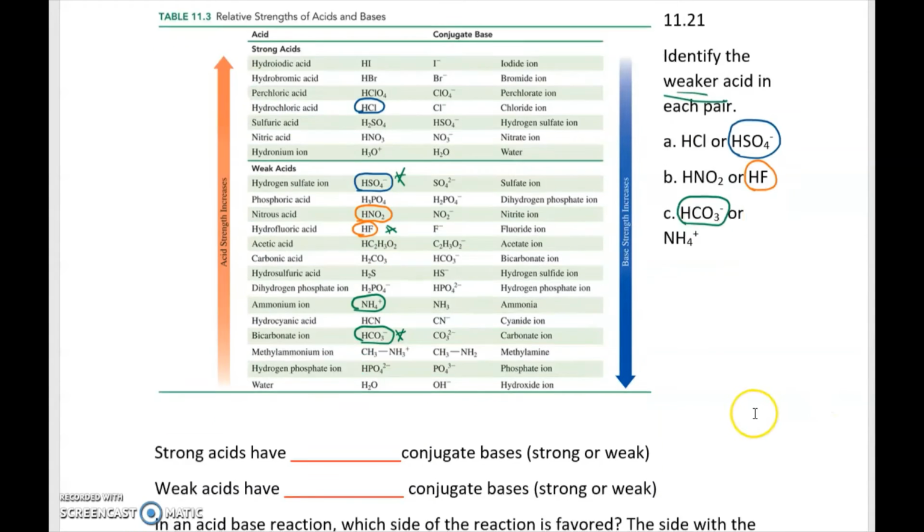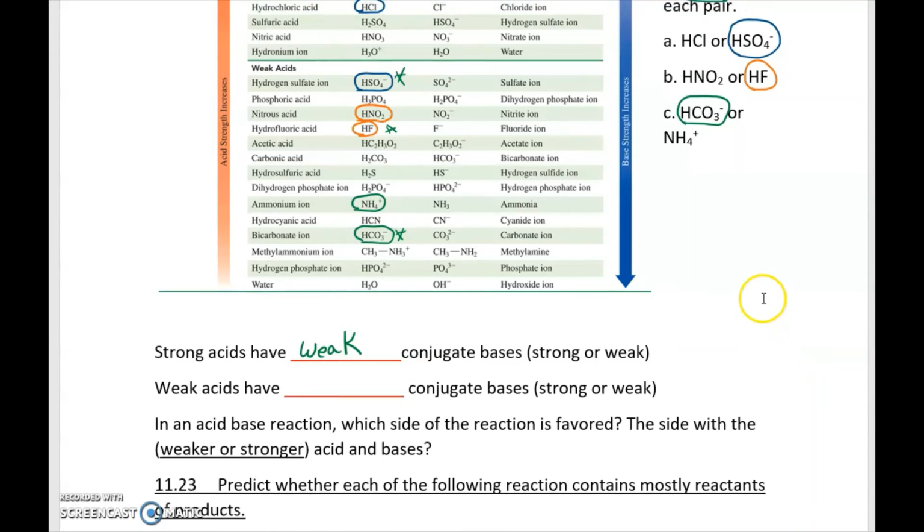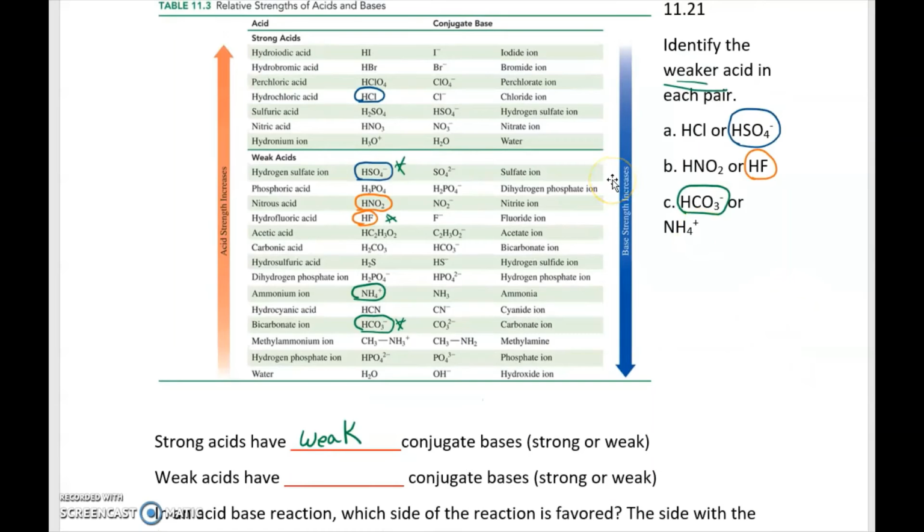So I mentioned this before, but strong acids have weak conjugate bases. So if you look at this table up here, you'll see that the very strongest acid on this side has the very weakest conjugate base.